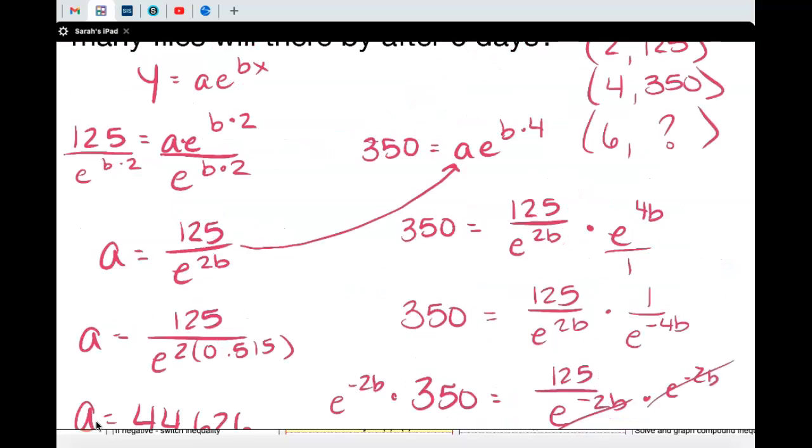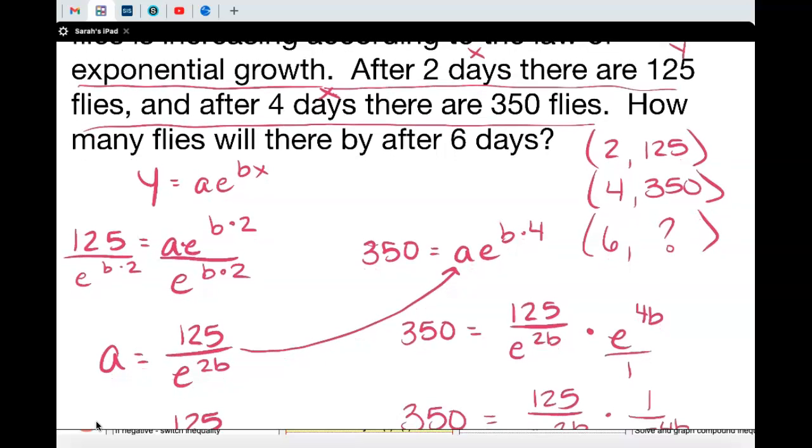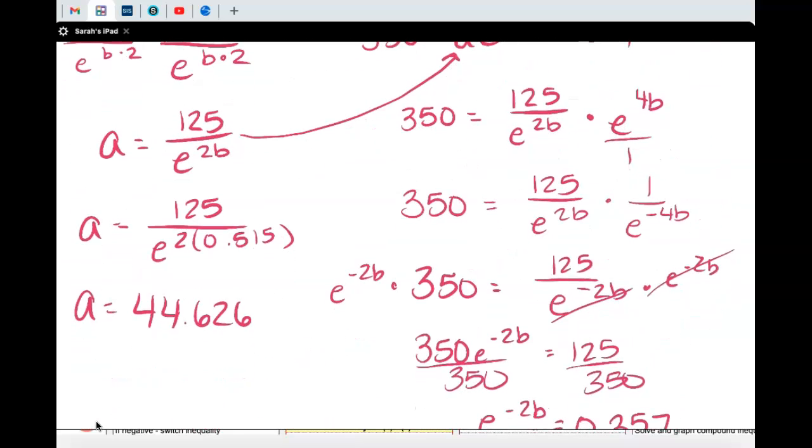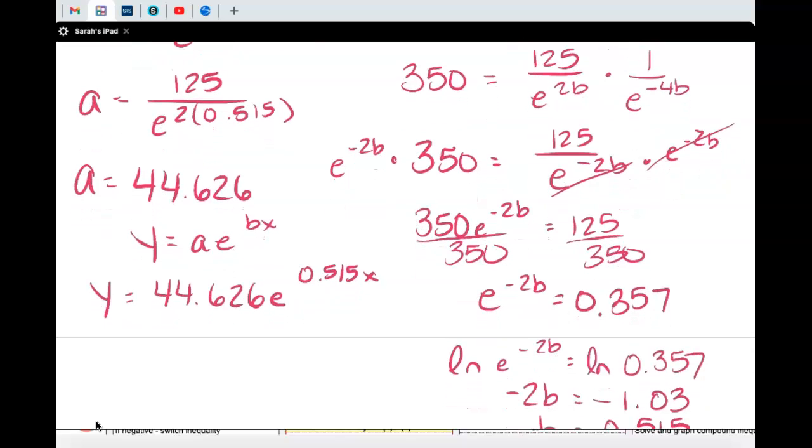Okay, so our goal was to write our model, so that way we can evaluate at 6 days. Remember our model we started with, a times b to the x power. Now we can replace the a value with 44.626, and the b value is 0.595. And we wanted to find the population of fruit flies at 6 days. So since we have our model, we can just substitute 6 in for x.